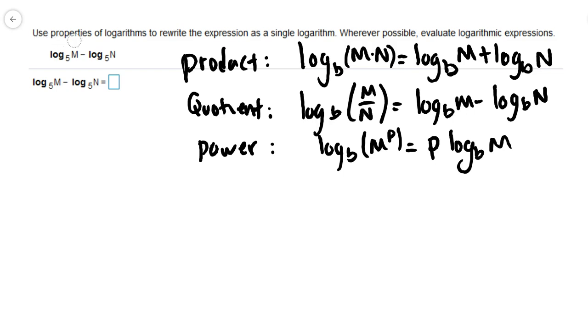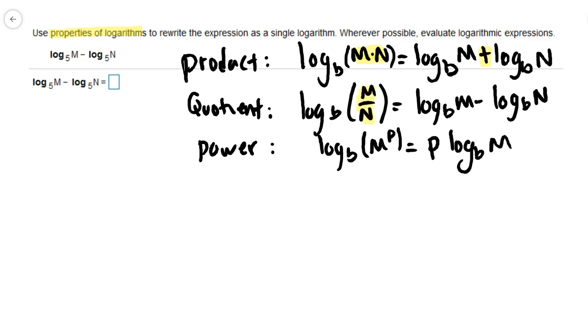This question says, use the properties of logarithms to rewrite the expression as a single logarithm. Whenever possible, evaluate the logarithmic expression. So the properties that we're talking about are the product rule, quotient rule, and power rule. If we have a product inside the log, we can turn it into the sum of individual logs.